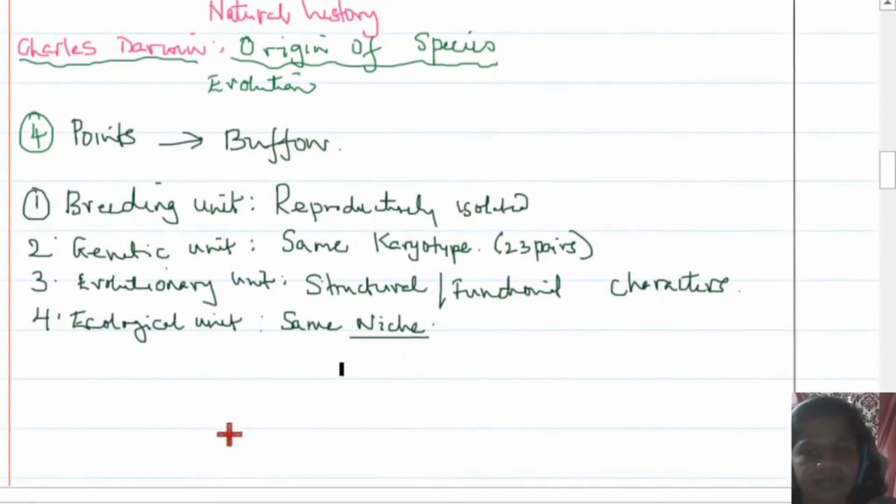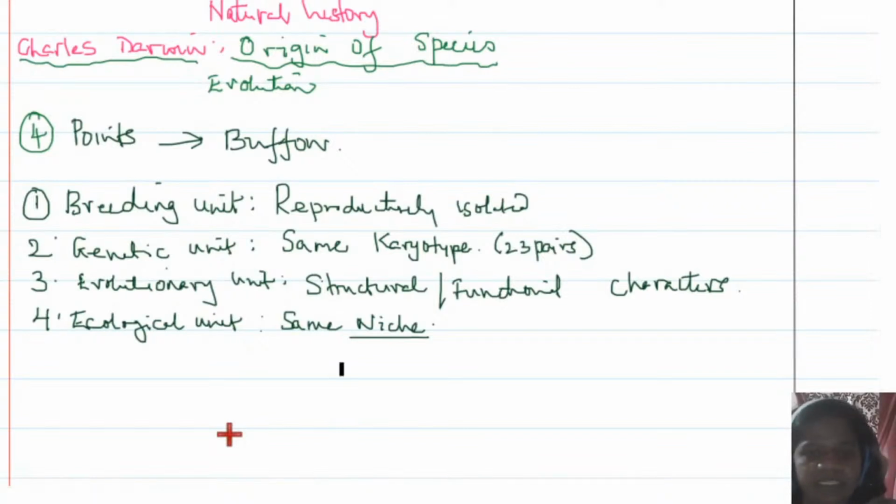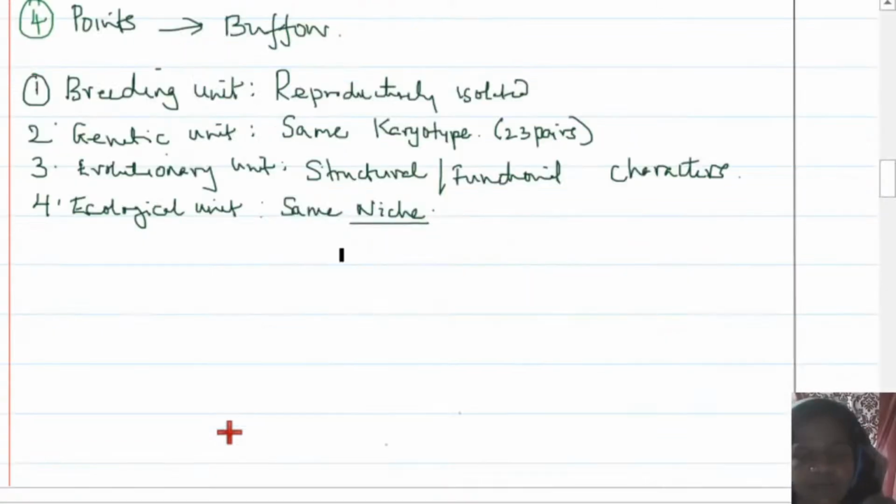Okay, so that is about species. So we've learned about nomenclature, binomial nomenclature, trinomial nomenclature, and the basic unit of classification, which is species, and about the different scientists' opinions or concepts on species.